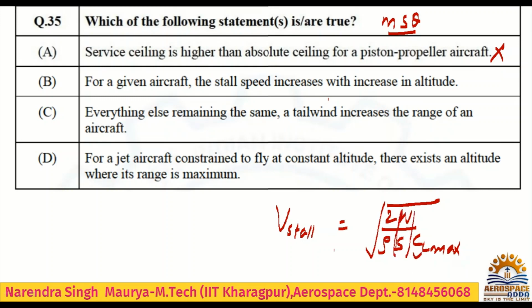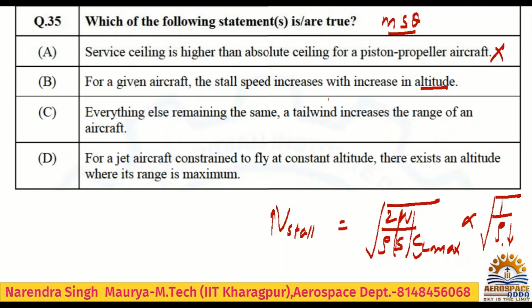So basically this is nothing but 1 upon root rho. Whatever the density, if you change the altitude, going from sea level upward, altitude increases, so density will be decreasing, that you know. If density decreases, this value will be increasing.